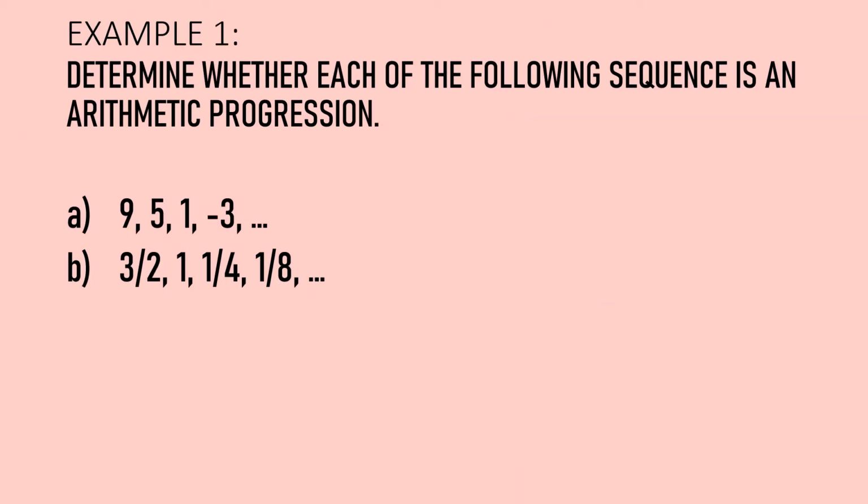So first example: to find whether it is an arithmetic progression, we need to know the common difference of the sequence. So when we have a common difference, we need to compare within the sequence.